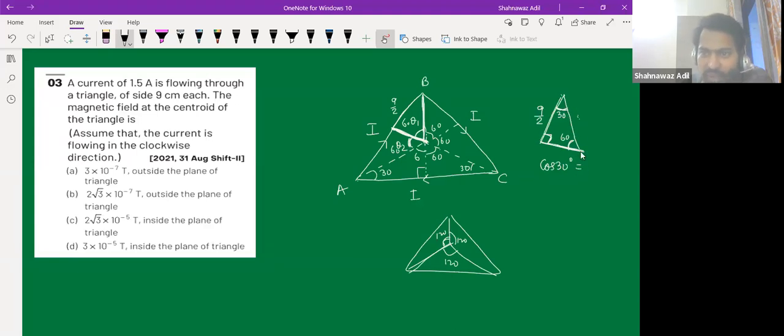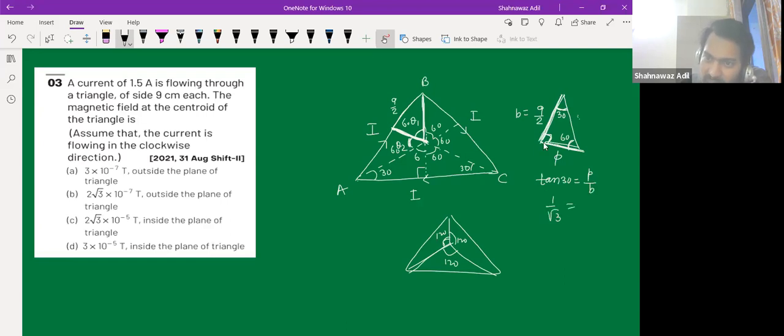No, tan. So this is perpendicular, this is base, right? So tan 30 would be perpendicular by base. So this is 1 by root 3.